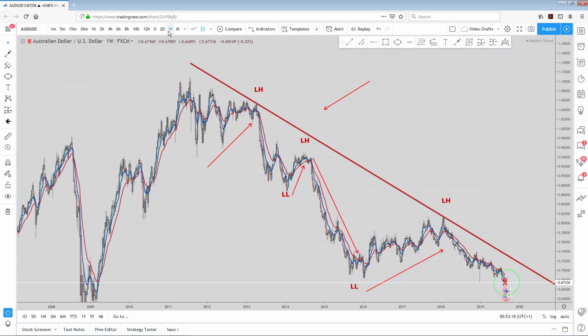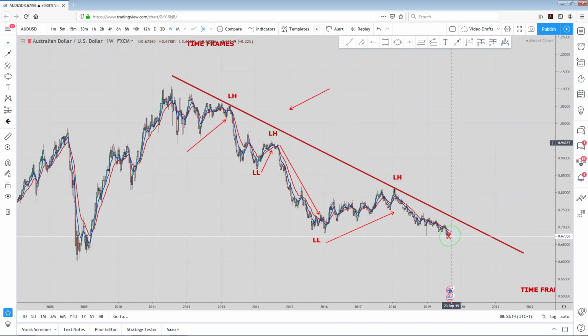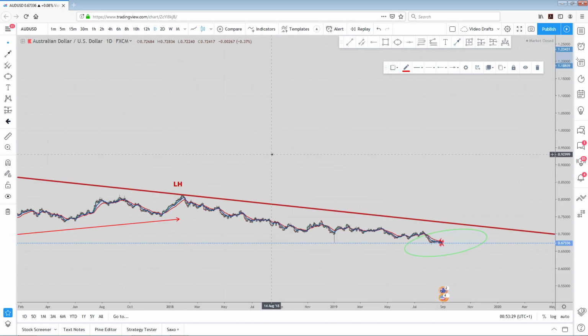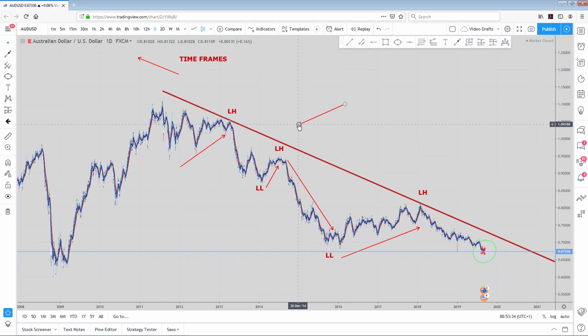The next point I want to bring across is, I want you to study the higher time frames to help you analyze where the trend is going. Let me jump to, say, a lower time frame. So say by using the monthly, weekly, and daily time frames, you have an idea of which direction the trend is going, right? So you now know we're in a downtrend.